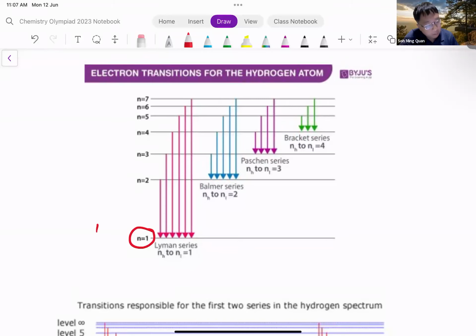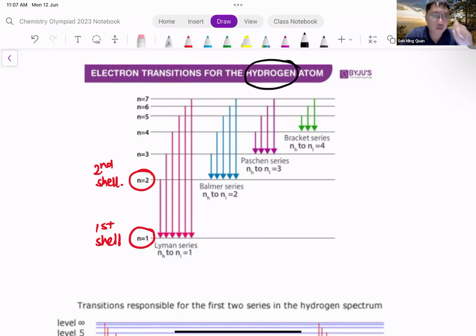N equals to 1 means first shell. N equals to 2, second shell. So on and so forth. N equals to 3, third shell. N equals to 4, fourth shell, and so on. Now, this is hydrogen. Hydrogen only has one electron. You already know that one electron is in the first shell.